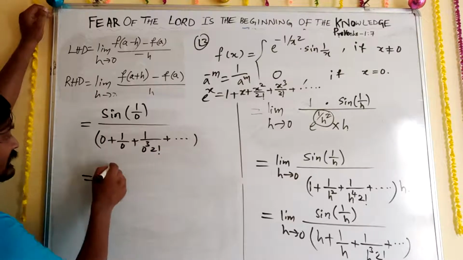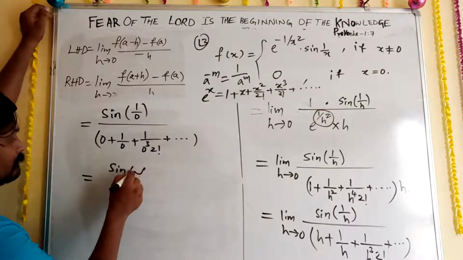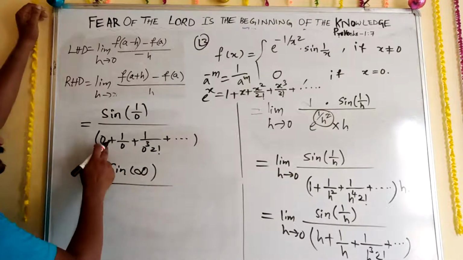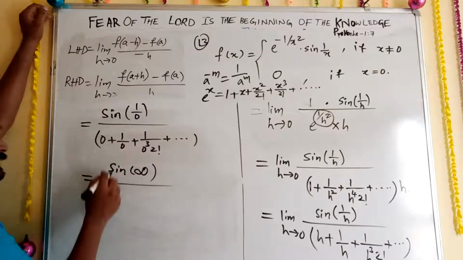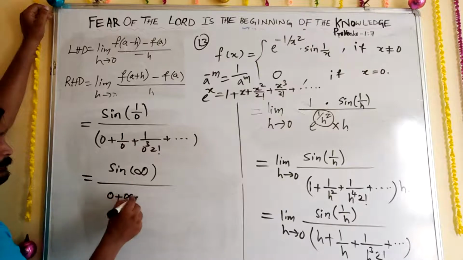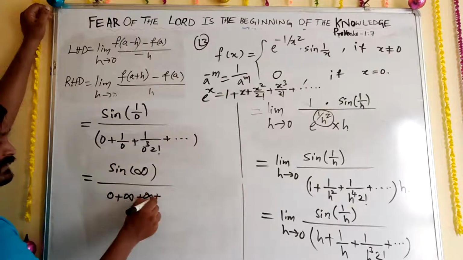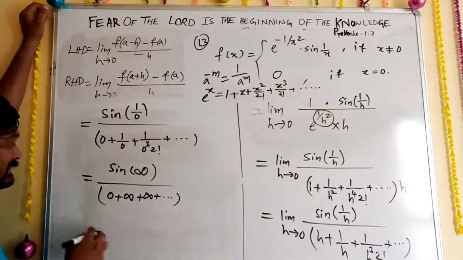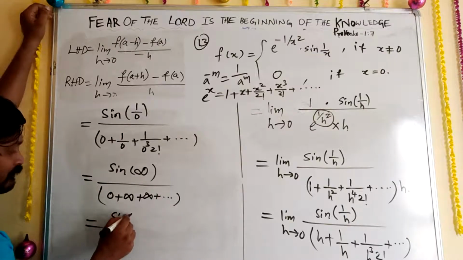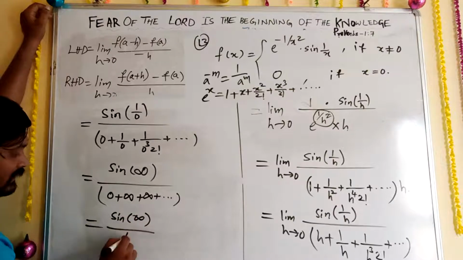So now you can write sine infinite upon, here 0 is there and 1 upon 0, again here 0 plus infinite plus again infinite plus and so on. There are many infinites, we can write it all together as infinite. So sine infinite upon infinite.